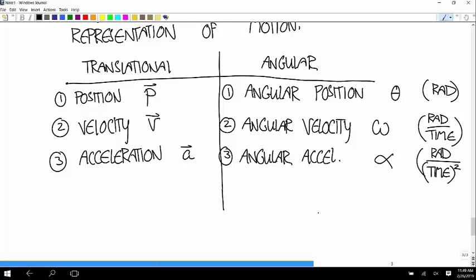Now, those are the big angular quantities, but there are also some analogous relationships. So I want to point this out. What's the relationship between the position vector and the velocity vector? Yep, so velocity as a function of time is equal to the time derivative of the position vector as a function of time.